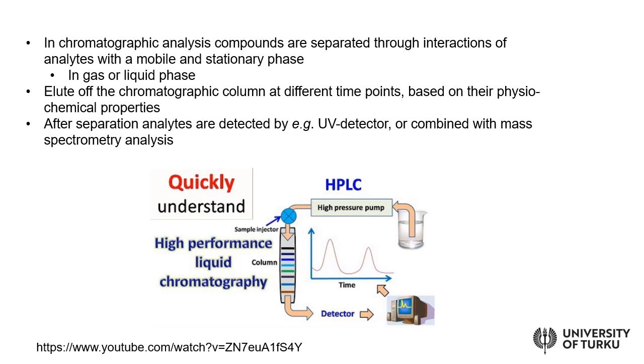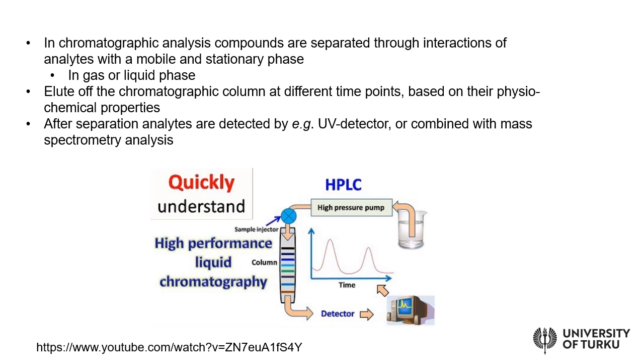And the way how the elution of the compounds is then detected, there are various different detectors that can be utilized, but those that are most commonly used are, for example, the UV detector.